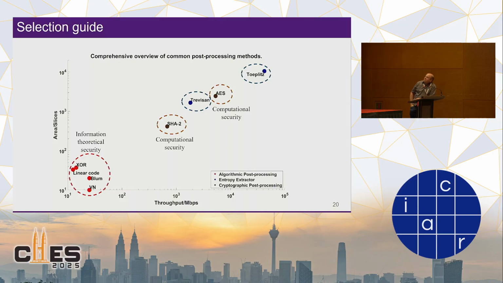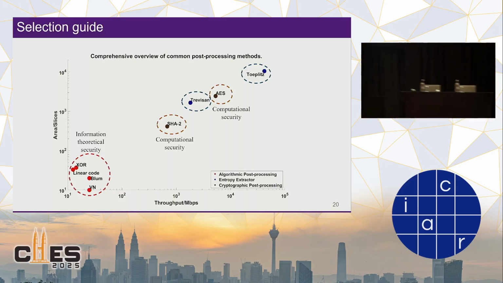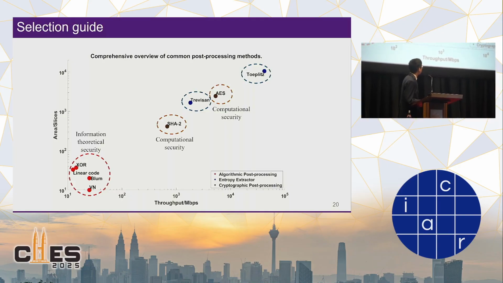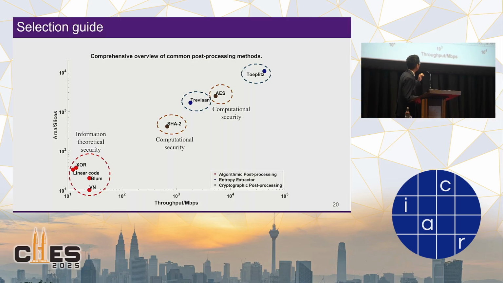The main application scenario of the Toeplitz extractor is data service, where speed is the most important factor. But if we want to explore new extractors and other operations, maybe other entropy extractors can reach it, but we have not implemented it.